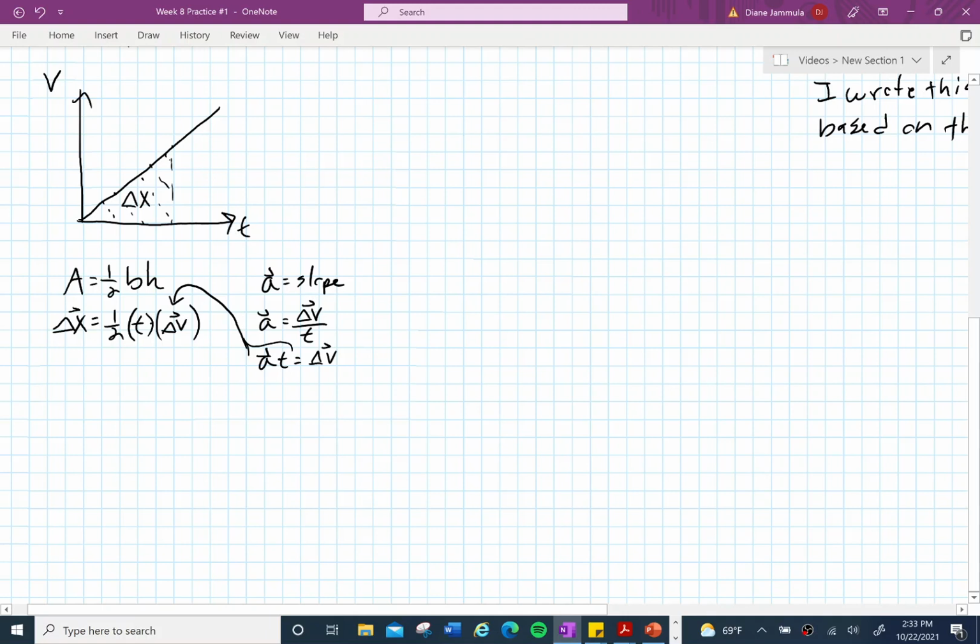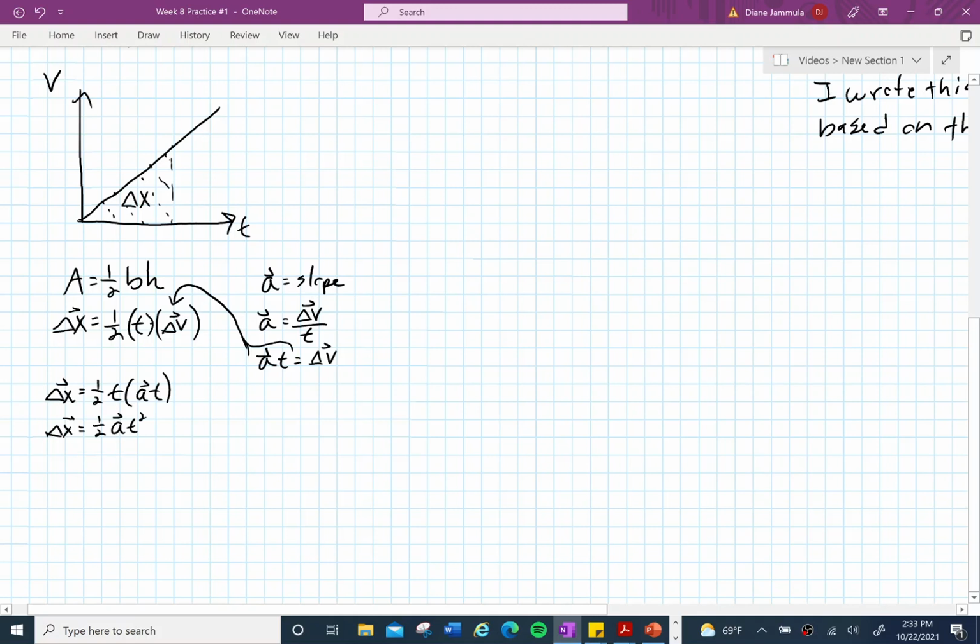All right, so now let me rewrite this equation. I get that the displacement is 1/2 t times a t. That simplifies a bit. The displacement is 1/2 a t squared.